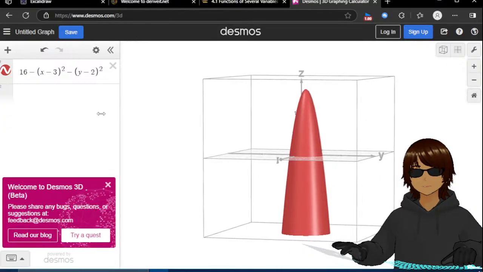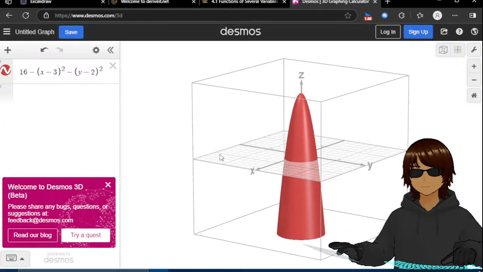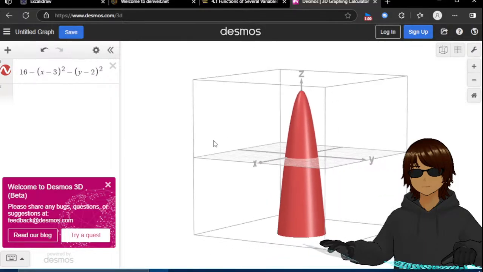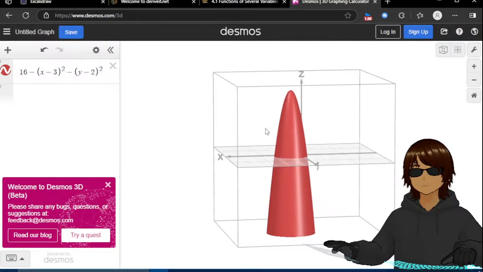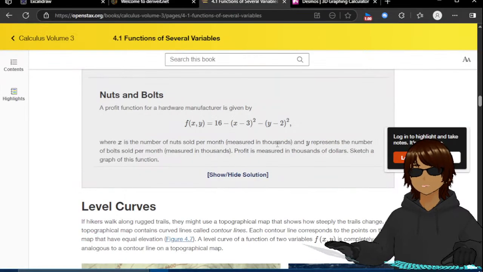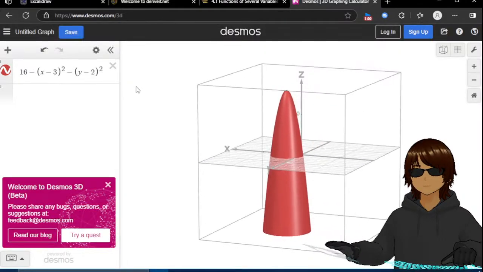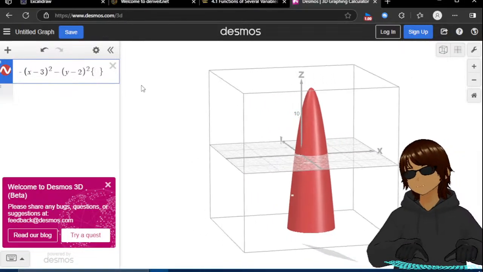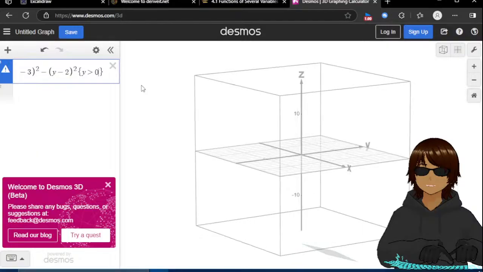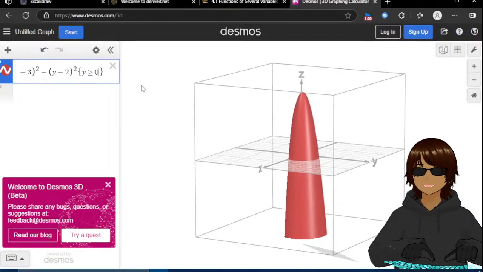So this is only defined when z is positive. Or wait, hold on. Represents the number of bolts sold per month. How do I write conditions? y more than 0. Yeah.